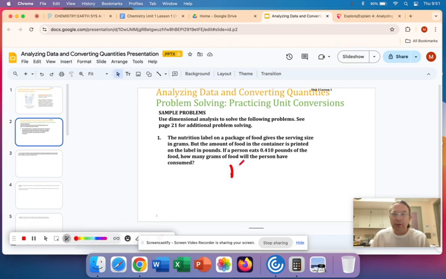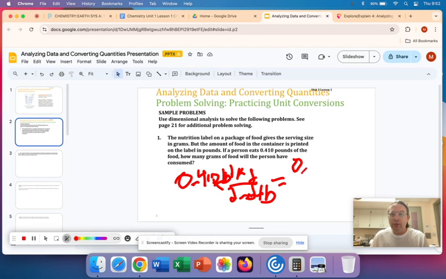So 1 kilogram is 2.2 pounds. And I have to put 0.410 pounds. So multiply 0.410 by 1.